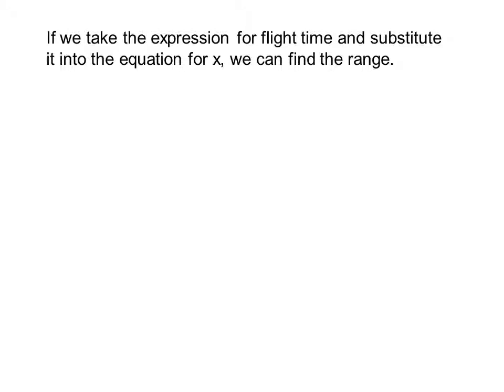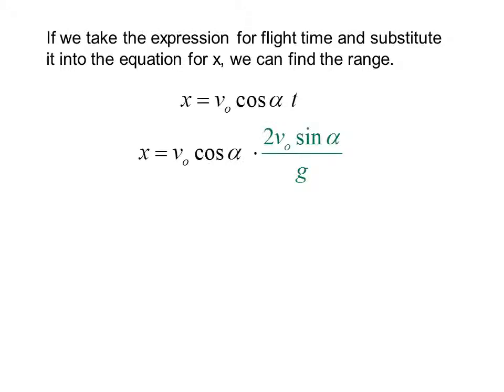If we take the expression for flight time and substitute into the equation for x, we can find the range. X equals v sub 0 cosine alpha t. Substituting in, we get x equals v sub 0 cosine alpha times 2v sub 0 sine alpha over g, or x equals v sub 0 squared over g times 2 cosine alpha sine alpha.